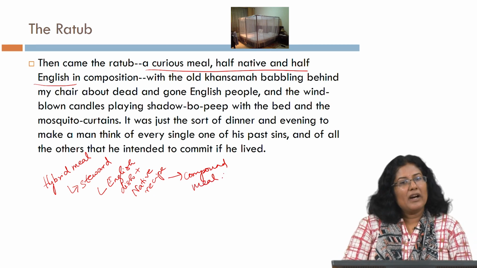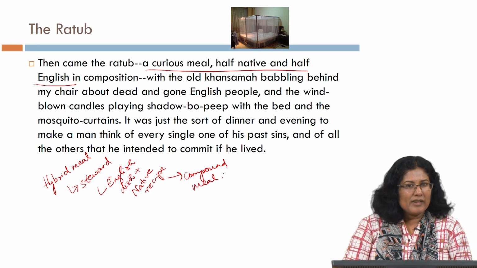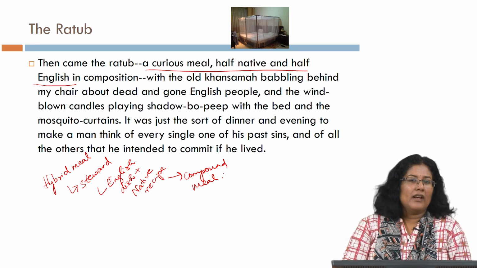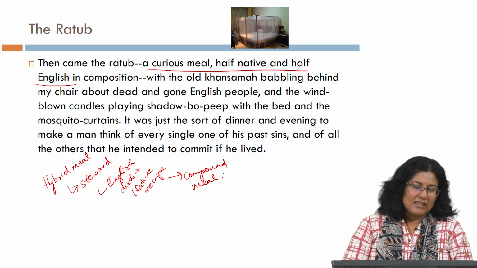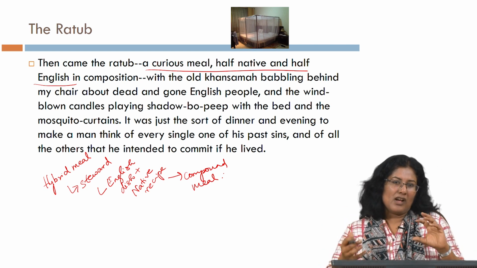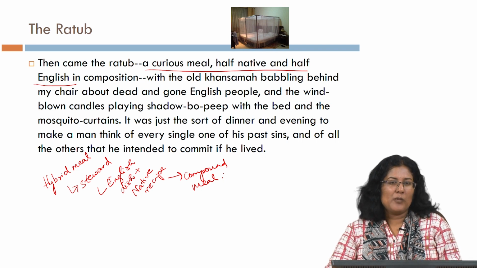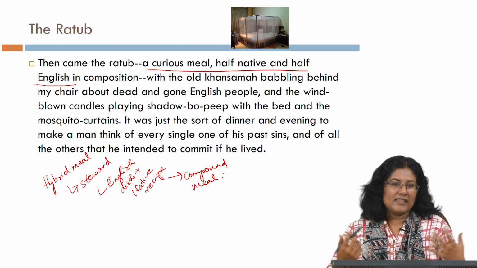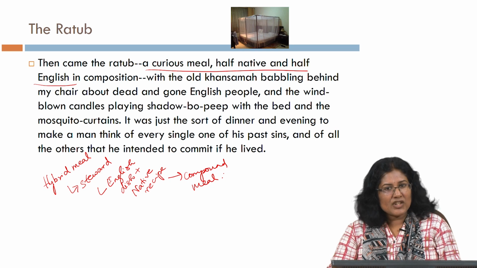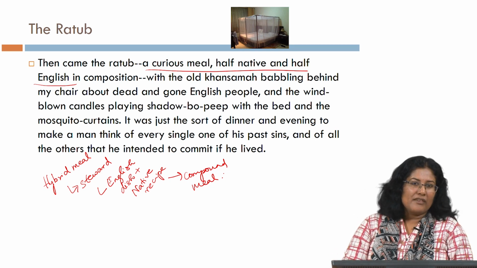And the interesting part is that the narrator points out that this man is almost barbaric, a man who is senile, who has lost touch with reality, who lives always in the past. So it's a contrast. It's a kind of surprise to see this man come up with a hybrid meal, which is combining all the various characteristics of two different ethnicities' dishes, and offer it to the narrator.